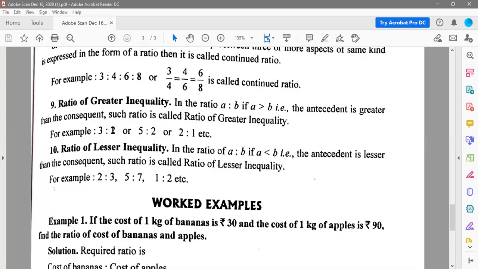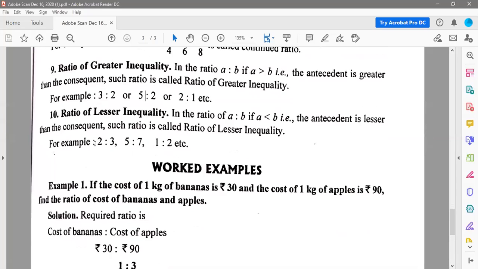So 3:2, 3 is greater than 2; 5:2, 5 is greater than 2; 2:1, 2 is greater than 1. Understood? So the antecedent is greater than the consequent.